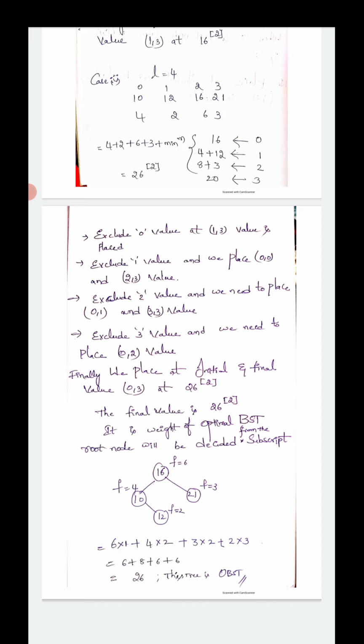How can we draw this diagram? 16, on the left side 10, on the right side 21, and on the right side of 10, 12. The root node will be decided from the subscript. Look at the diagram here.